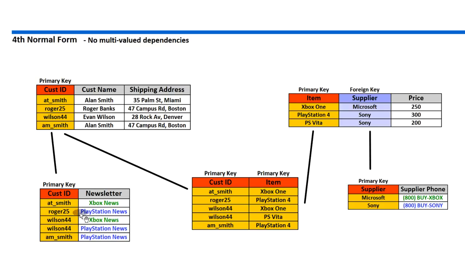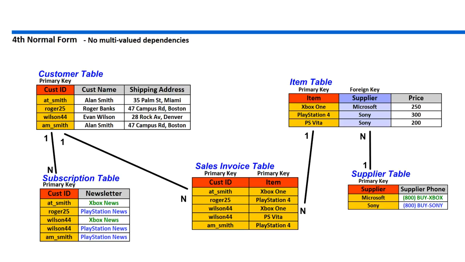Or let's say Roger unsubscribes, he'll be removed, and the query that returns the newsletters will not return his name, but his address will still be intact here, no problem. These are the relationships between the tables, and I also gave the tables names because now I know what they are.